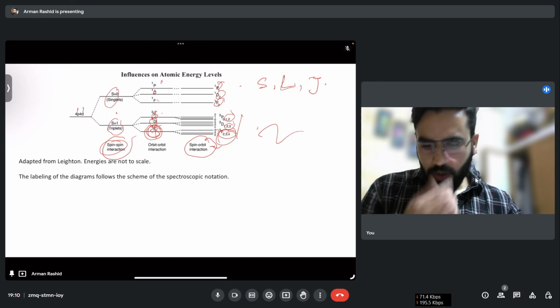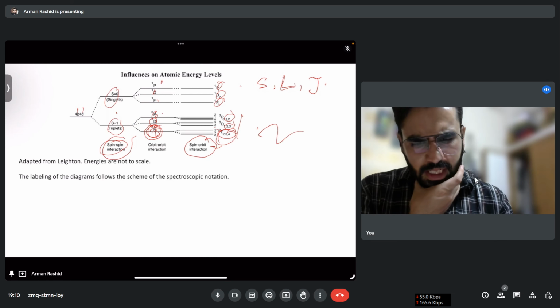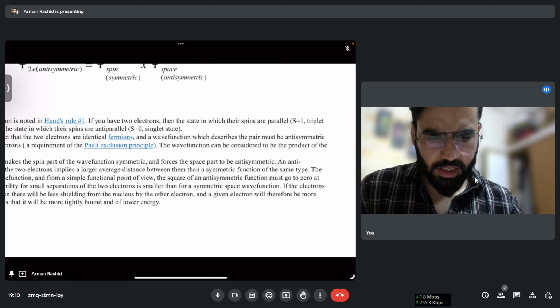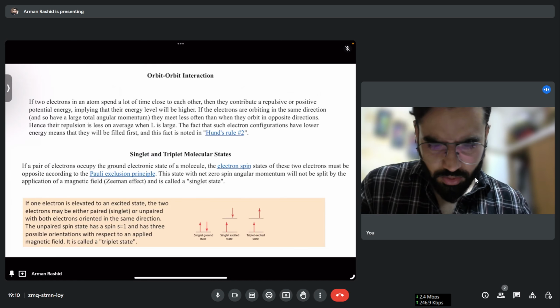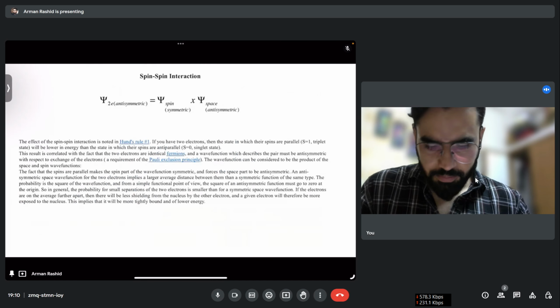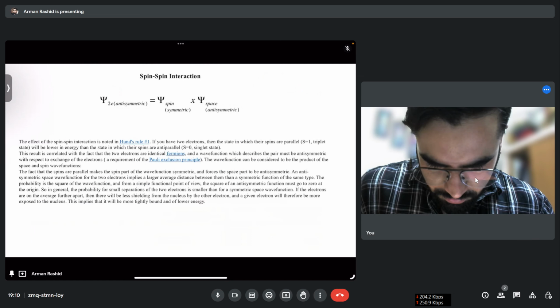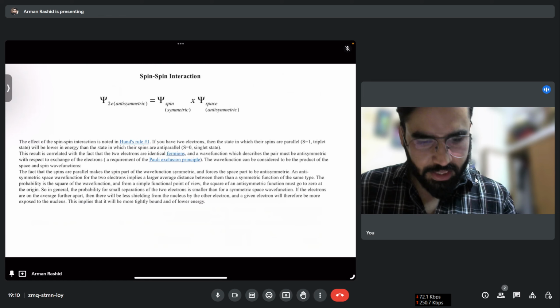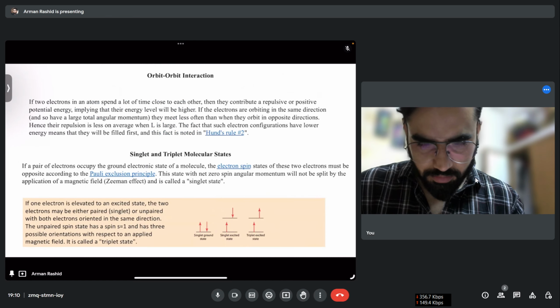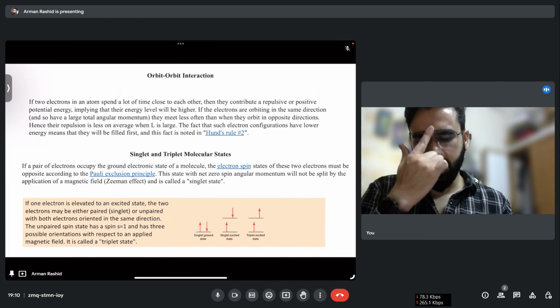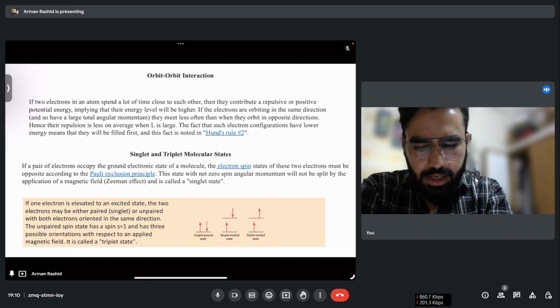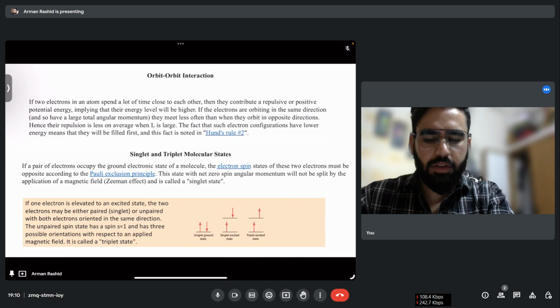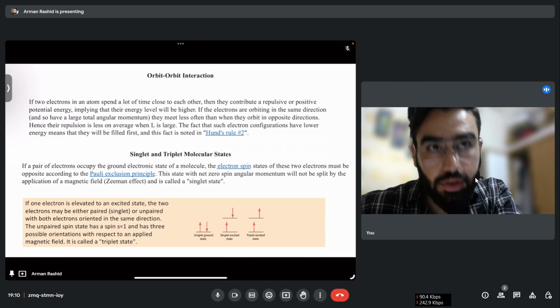Okay, so here is a brief introduction to how spin orbital and spin interactions work, and what the different spin orbital interactions are. So I will just read it because I have already explained it. Okay, so for example, here what we have shown is that there is an interaction between two different spins.